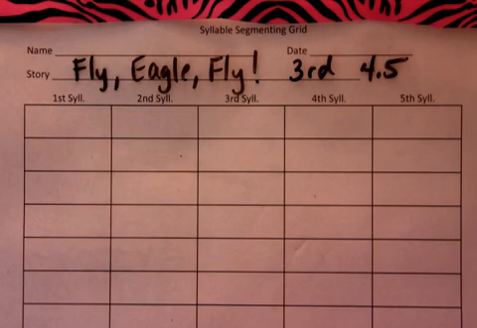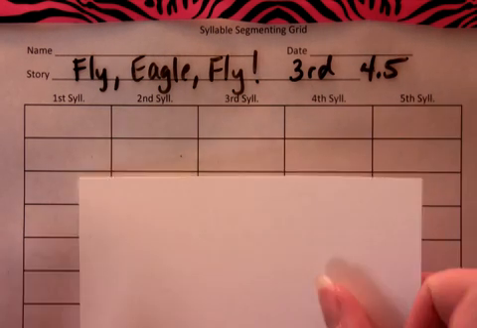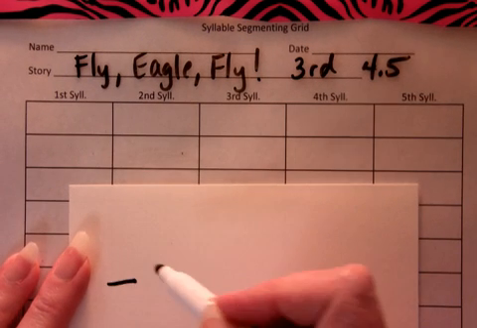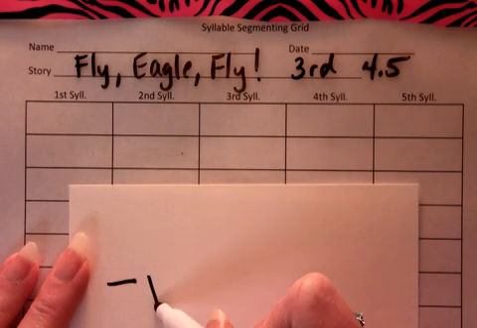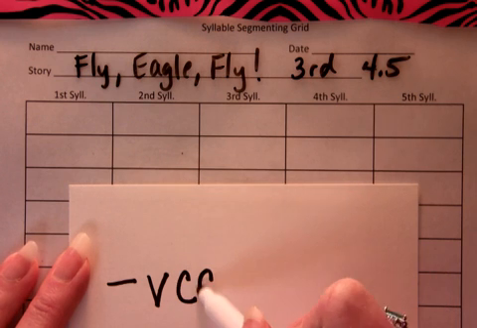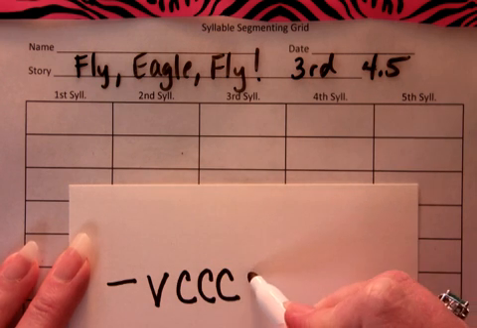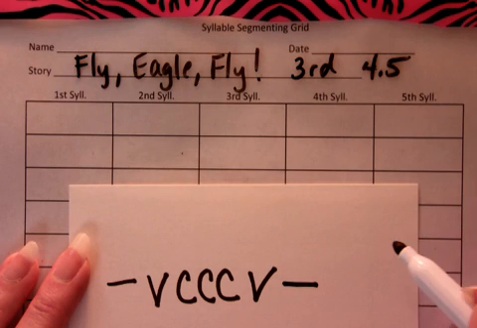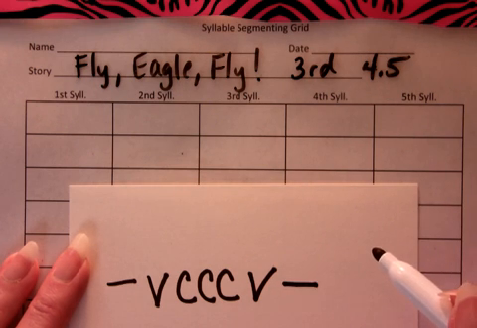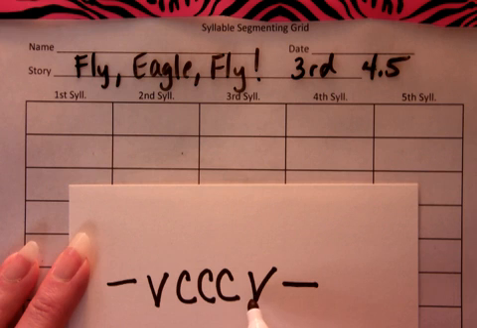So I want to show you what our words are going to be like. We could have a couple of consonants, and then a vowel, and then 3 consonants in a row, and then another vowel, and then some more consonants afterwards. But this is the part that we're looking for.